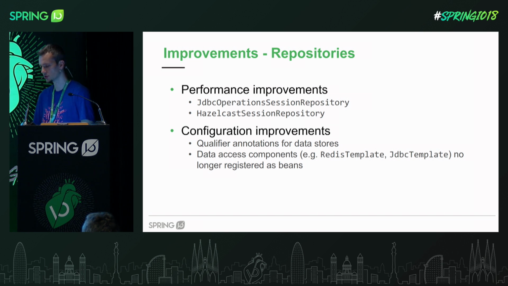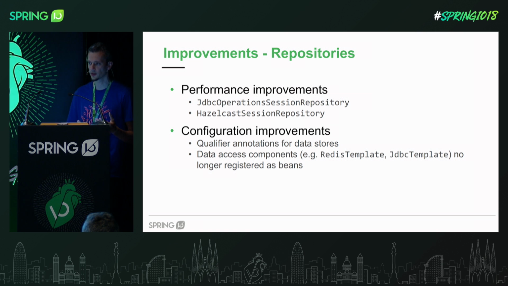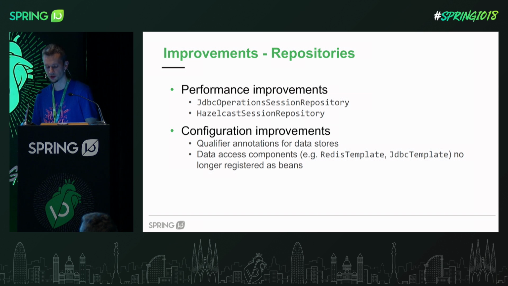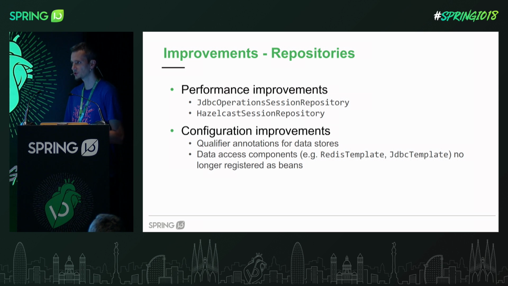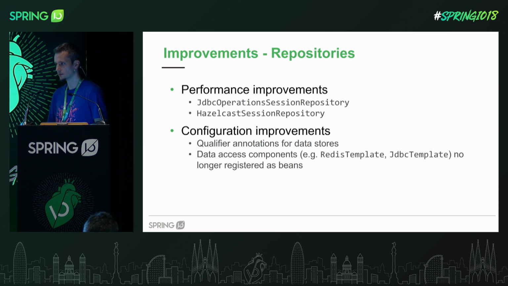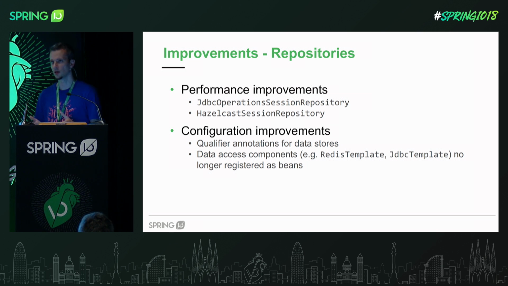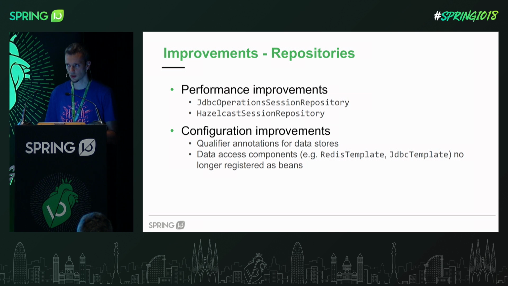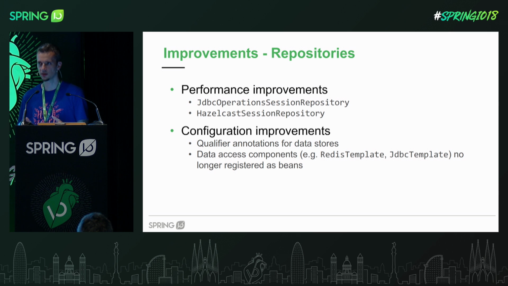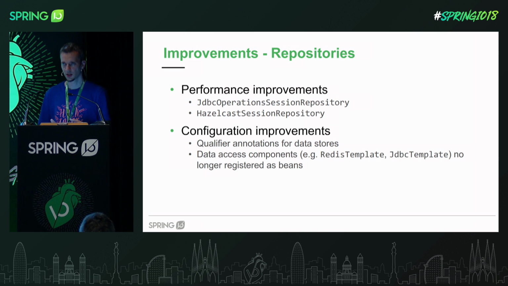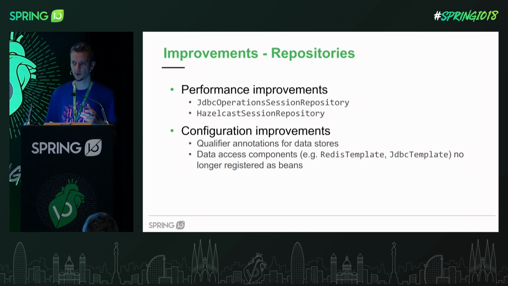And we've also made changes to our configurations that make us more friendly to the application context of your application. Previously, we registered appropriate data access related beans to the context that were used by Spring Session repositories. For example, with Redis support, this was naturally the Redis template. With JDBC, this was the JDBC template. While convenient, it caused unintended side effects for some users because you weren't sure which Redis bean you were supposed to use.